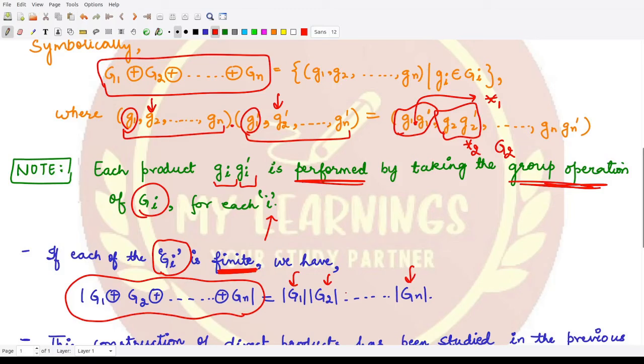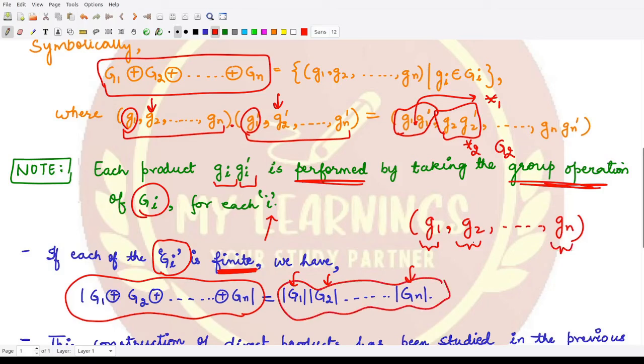Because it is in accordance with the number of tuples formed here. It is just the arrangement of elements of G1, G2, up to Gn in n places, and how many such combinations can be made is given by this order.